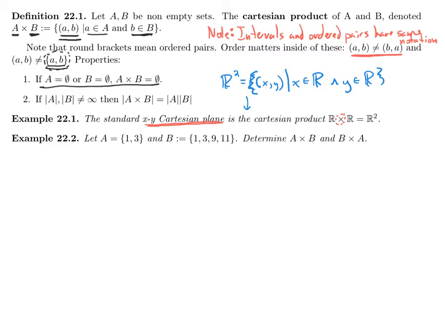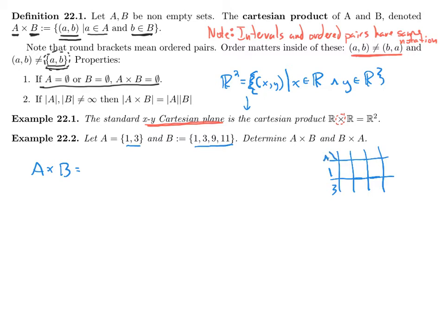So let's take a look at an example. Let's say A is {1, 3}, and B is {1, 3, 9, 11}. Then A cross B, well, you can think of it as a little table, actually. Sometimes when I'm just starting out, I like to think of it as a little table. We'll put the elements from A down the side, so this will be 1 and 3.